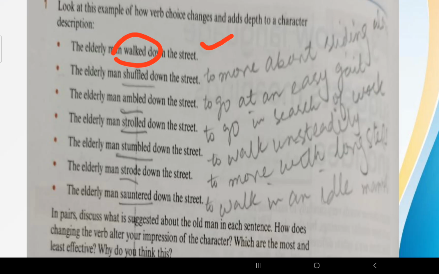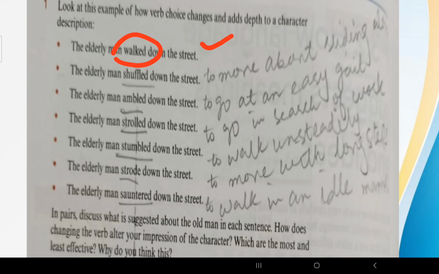If you are stumbling, then by reading the word stumble, we will tell ourselves that maybe that man is drunk or that specific person is not fine, sick, can't walk properly, or there's a problem with his legs, anything.